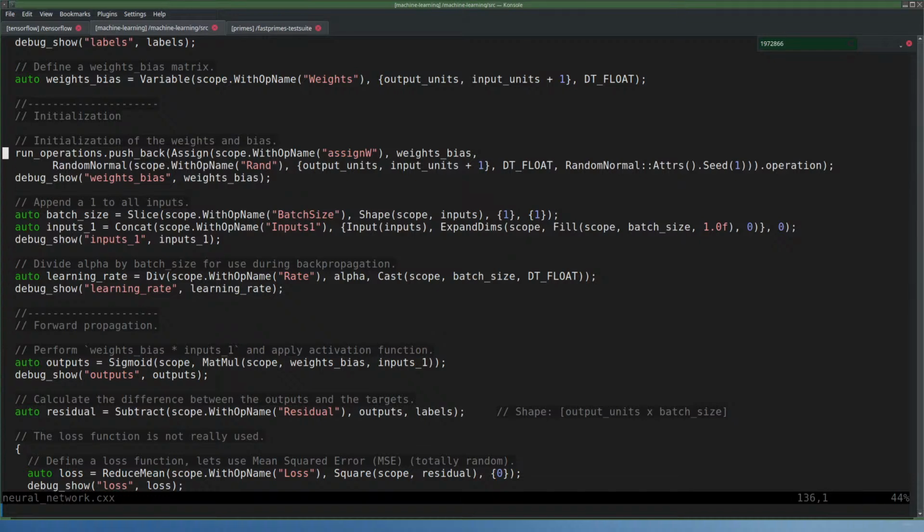This defines an operation that we have to execute later on, so I'm pushing it to the vector, so it will be executed. The operation is to assign to weights bias some random numbers. Also give it the shape of the thing.